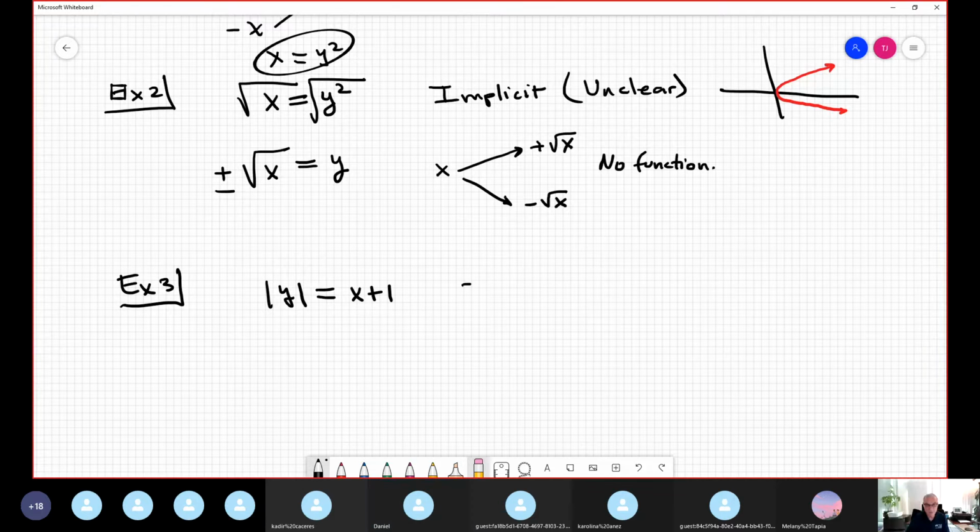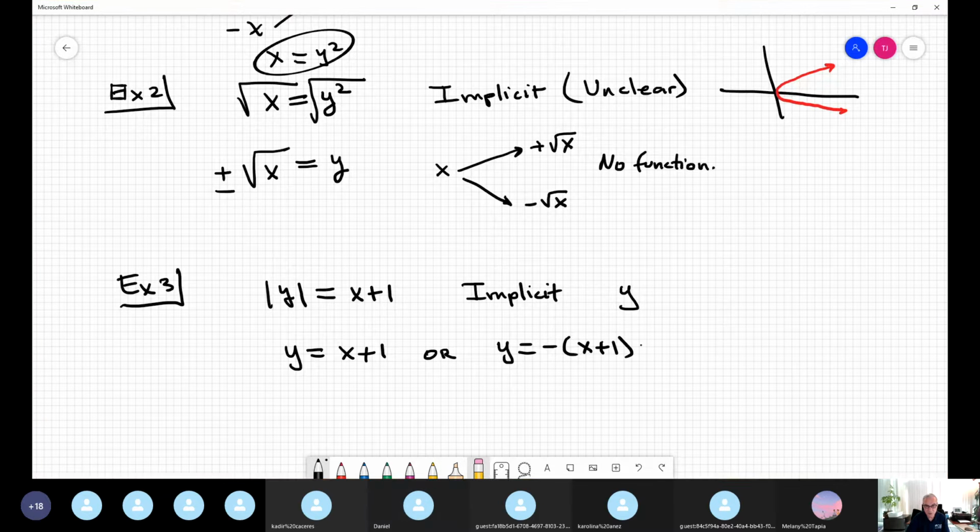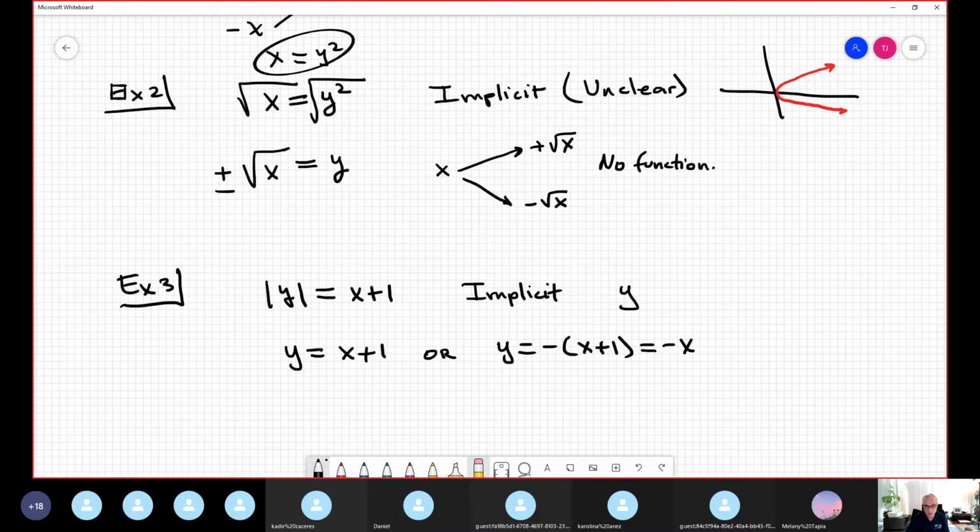This is again implicit, because to be explicit we need y alone. You have absolute value, so I know the rule of the absolute value: you remove the bars and you put this expression or this expression with a minus. By the way, applying the distributive property, it is minus x minus 1.